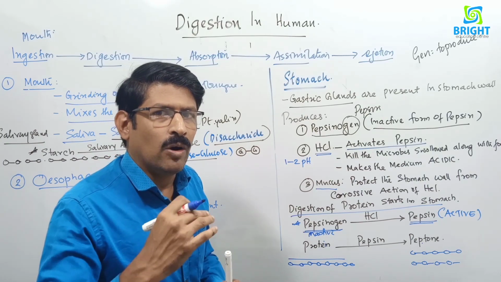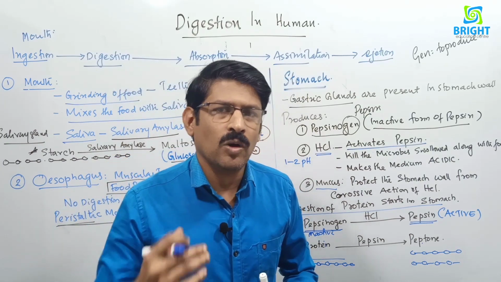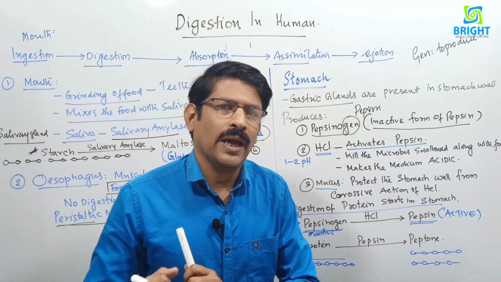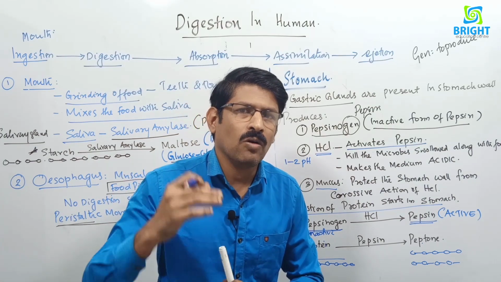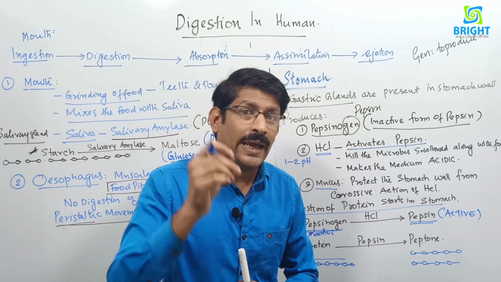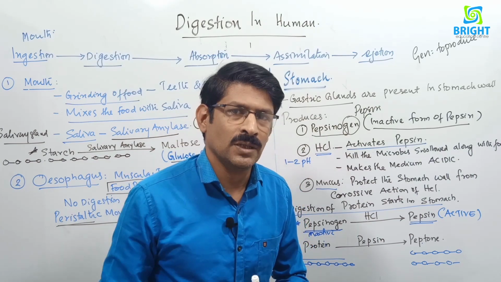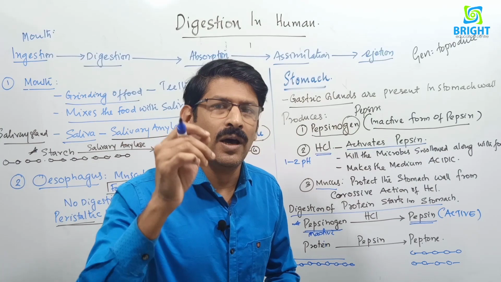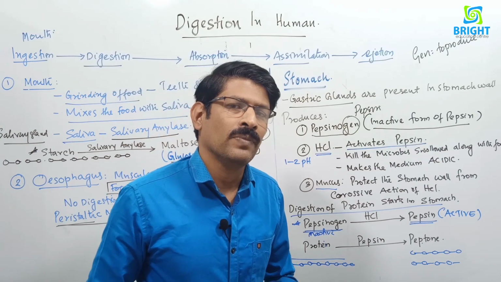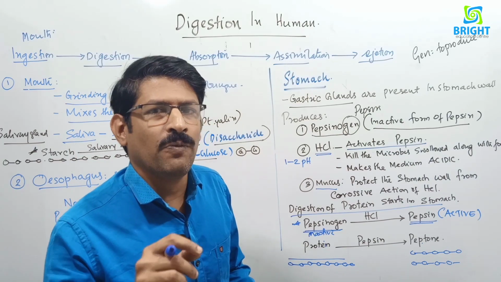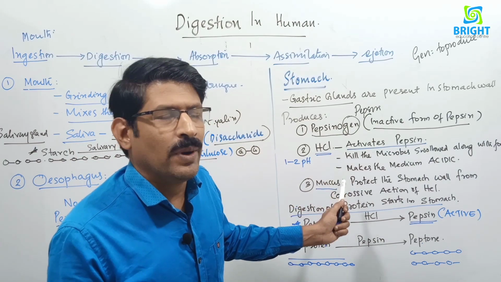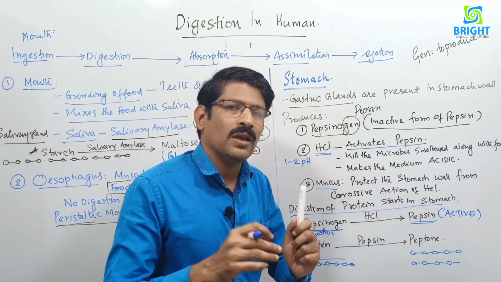The small intestine and the large intestine, absorption and excretion will be studied in the next class. You must write down all the parts, and the diagram of the alimentary canal is important, and the role of salivary amylase and the role of hydrochloric acid, and how the digestion of protein takes place in the stomach, everything is important.